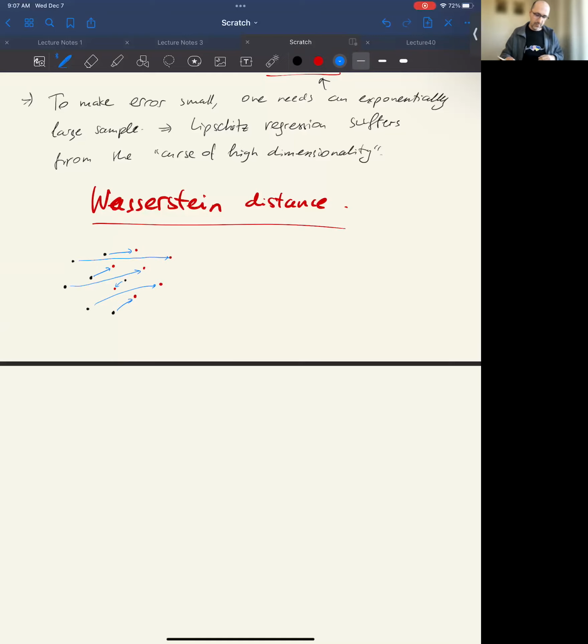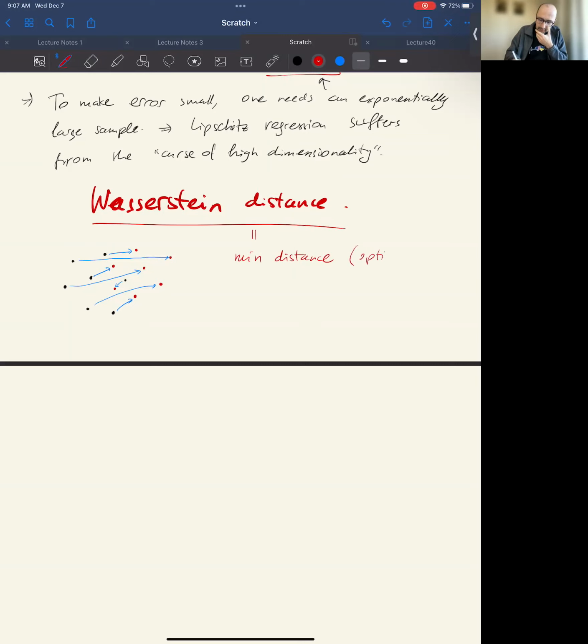But the Wasserstein distance is the minimal total distance that you transport black points to red points. You're allowed to match them in any way you like. Okay, is it clear?